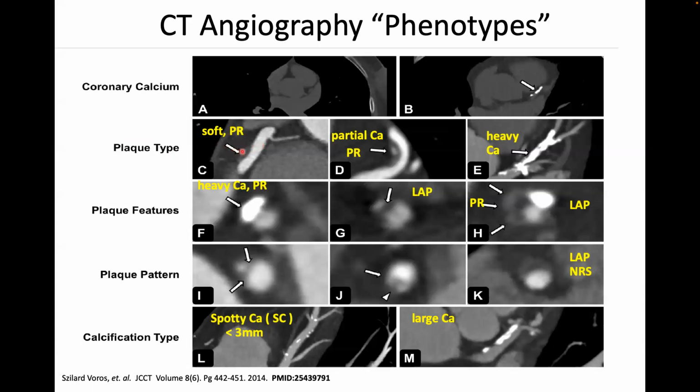So that's called a soft plaque because it doesn't have calcium in it, and it's positively remodeled. Here's a plaque that also is positively remodeled in the sense that this vessel gets a lot wider on the outside. It does have a small piece of calcium in it. And then this is basically a heavily calcified coronary lesion.